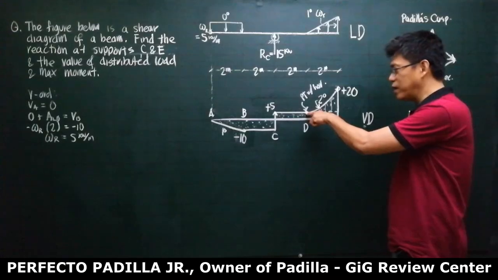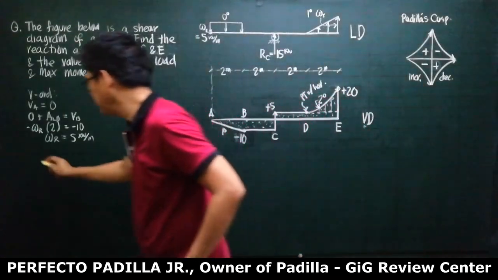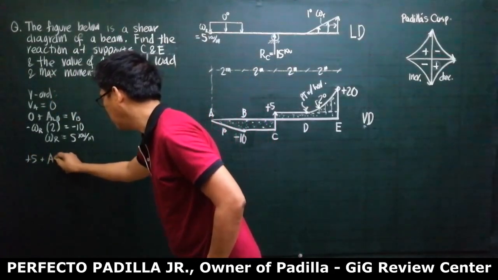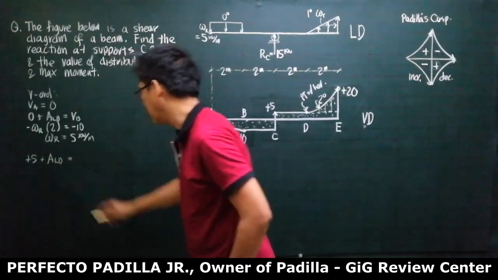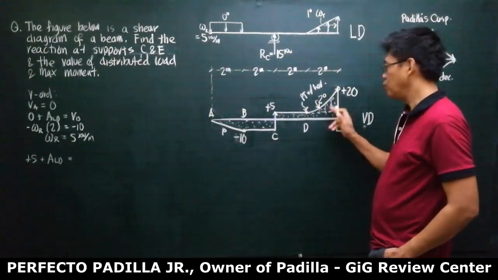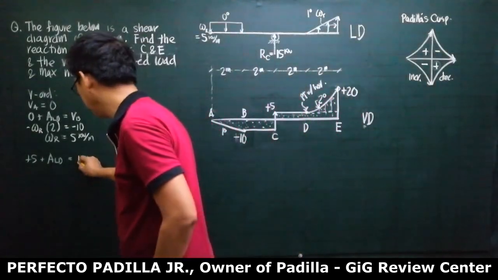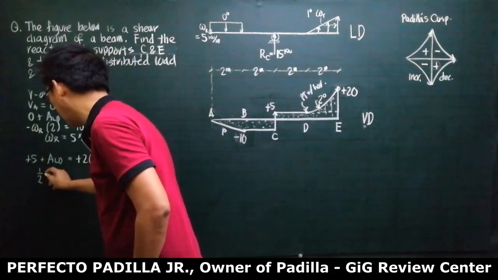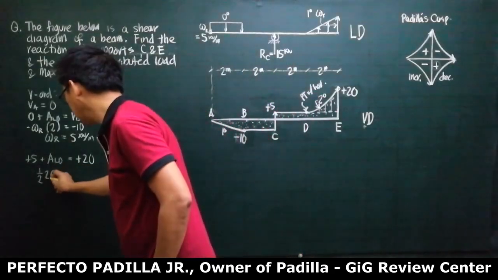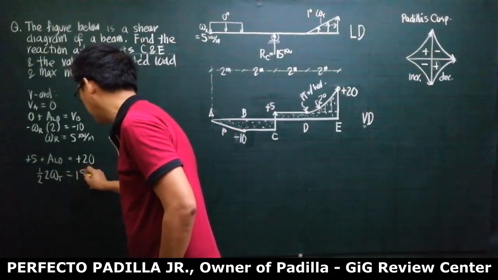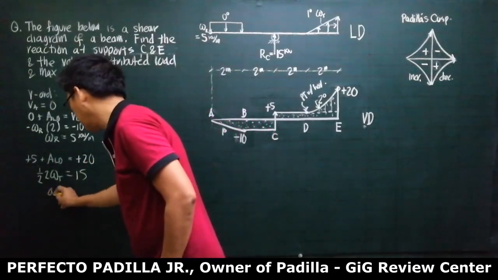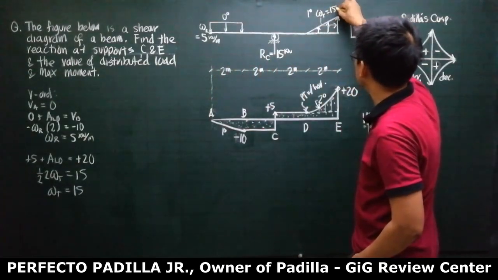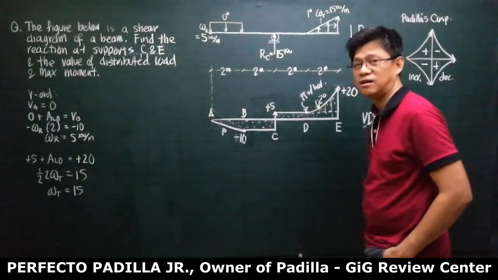So from here, where the shear is positive 5, plus the area of the load diagram is equal to the shear at the other point, which is plus 20. So therefore, the area of the load diagram, which we now know as a triangle, is 1/2 of 2 times W triangular, equal to 20 minus 5, 15. So therefore, WT is 15. So this is 15 kilonewtons per meter. You get it?